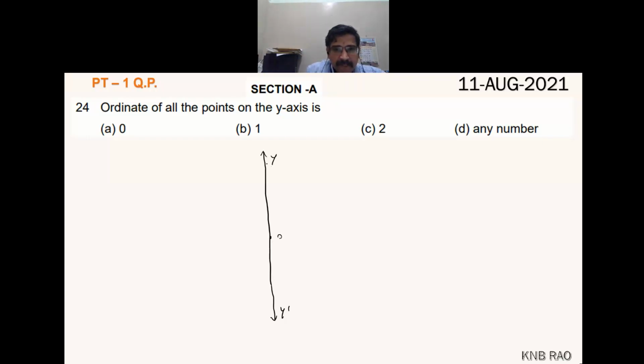Remember, if I take any point on the y-axis, its abscissa is 0, but the y coordinate will be some number. Maybe it is positive above the origin, or below the origin it is negative. Abscissa is only 0. Ordinate can be some number. So the right answer is any number.